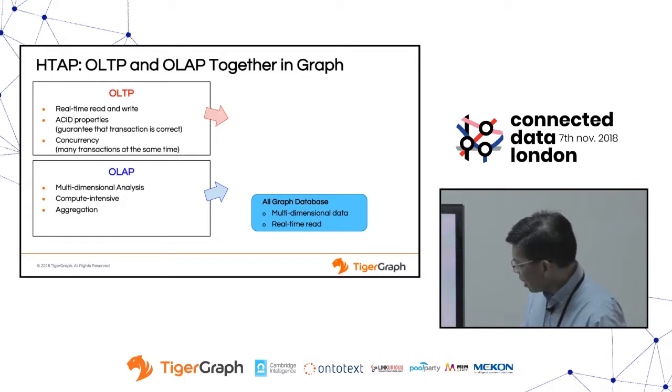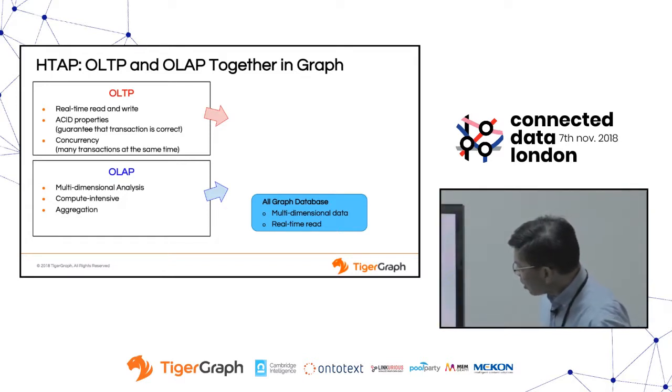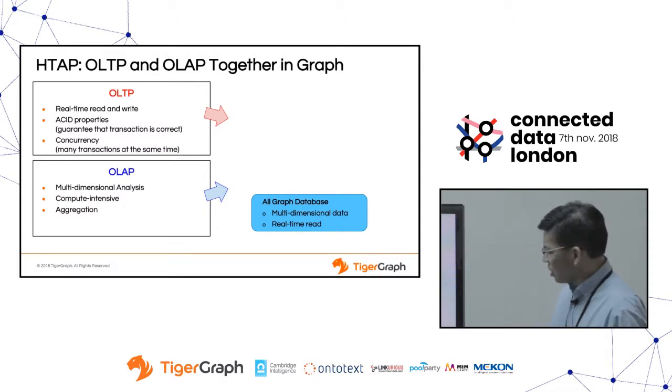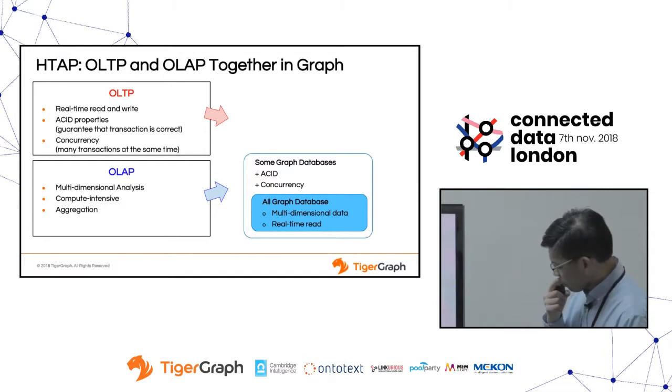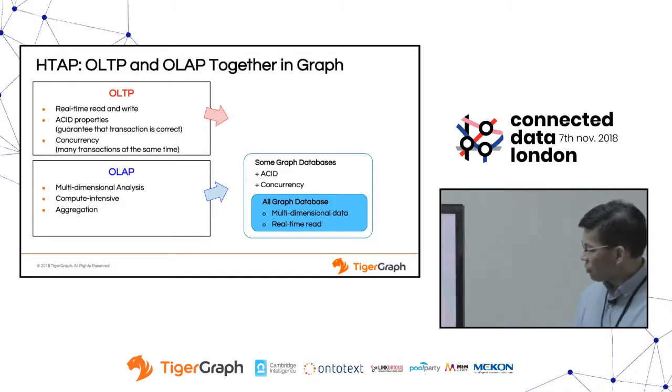I'd say all graph databases are multidimensional by nature. Most of them, at least on smaller data, have good real-time reading. A subset of those have ACID properties for transactional work and offer good concurrency.